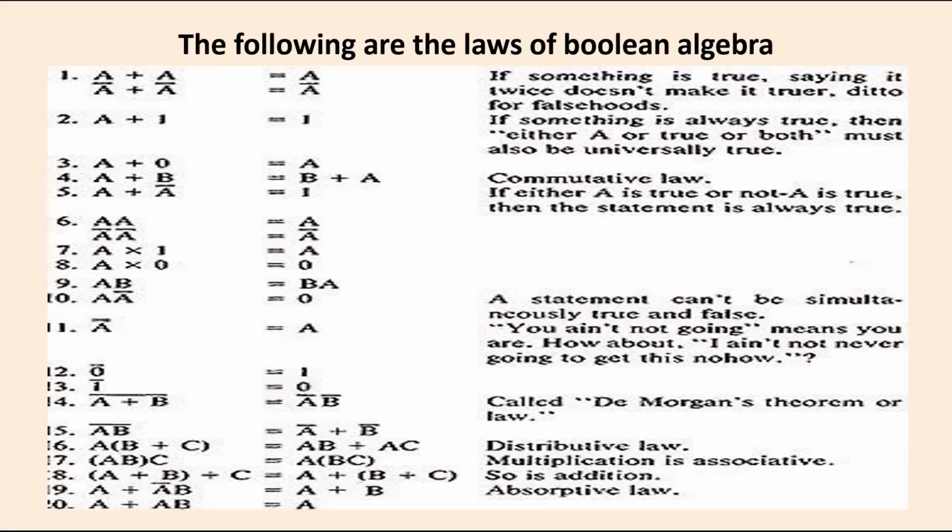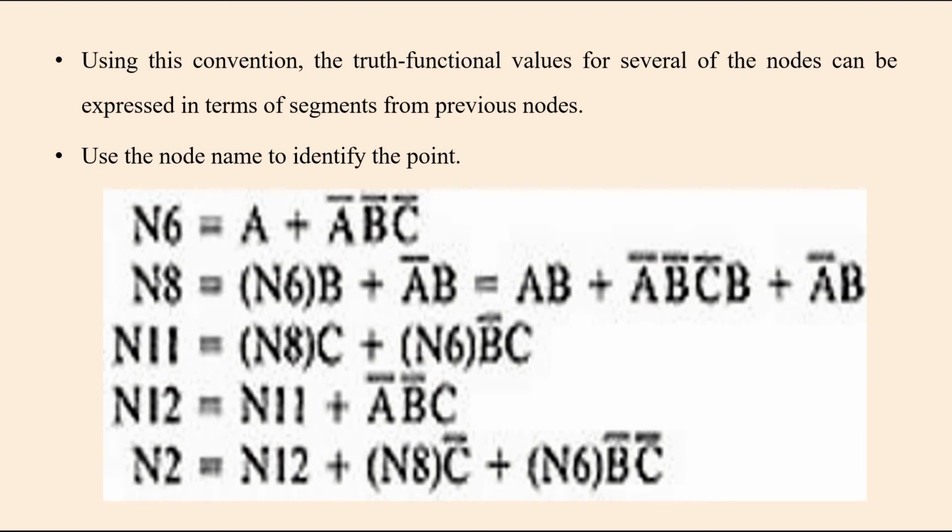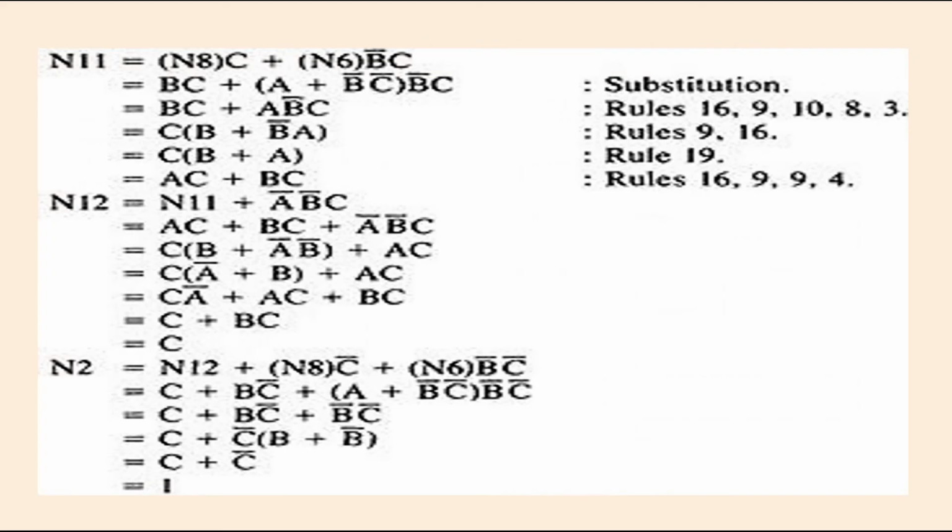N11, what we have seen in the previous, N8 into C plus N6 into B bar into C. Okay, so now we are going to simplify this N11. What is this N11? N8 into C plus N6 into B bar into C.